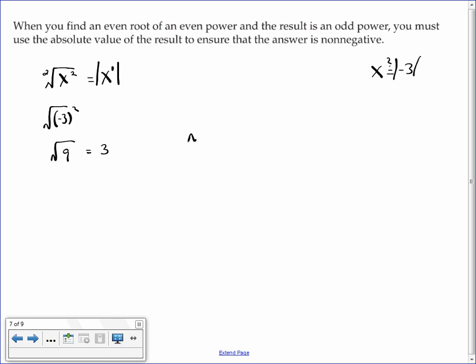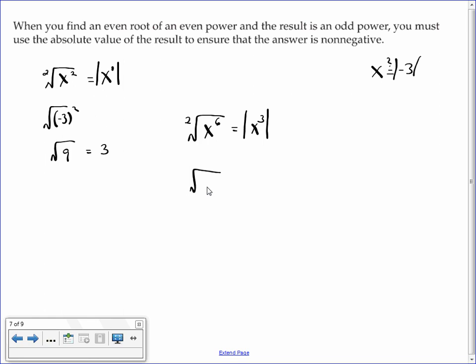Let's suppose that I had the square root of x to the 6th power. Then doing the math on this, 6 divided by 2 is 3, so that'd be x to the 3rd power. Since this is even and this is even, and this is odd, I need to use my absolute values. Now, on the other hand, let's suppose that I had something like this.